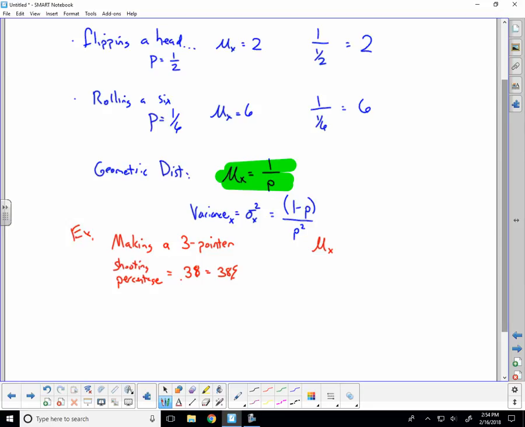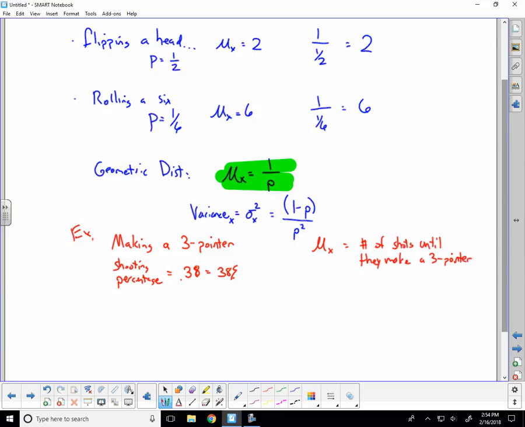Yeah, how many shots it will take to make a three-pointer. So in words, it's the number of shots until they make one.